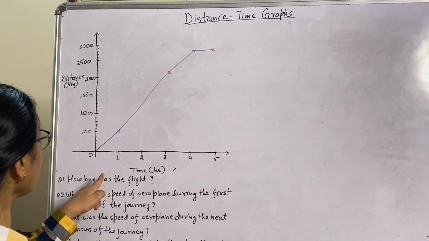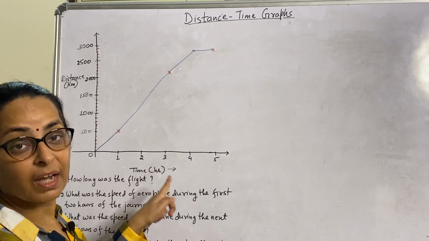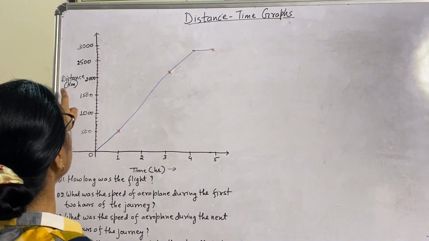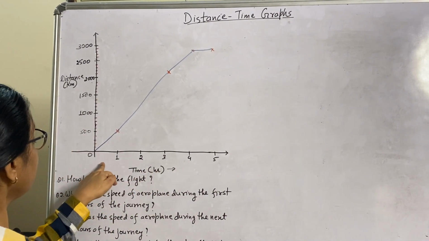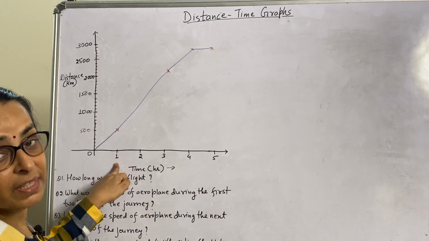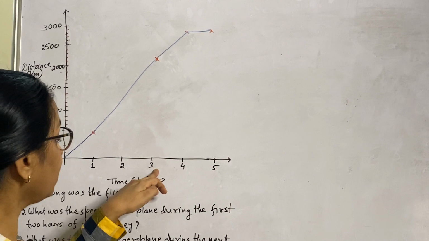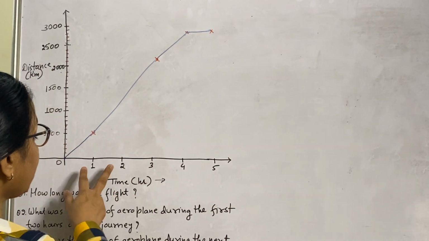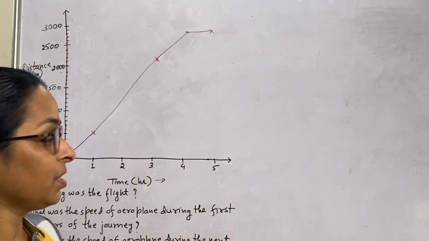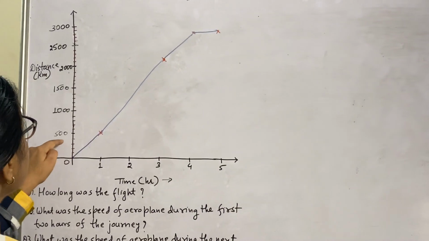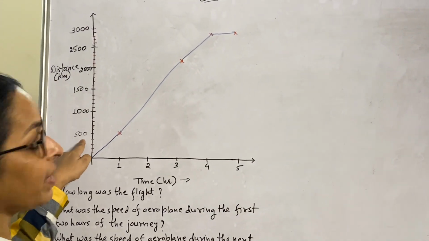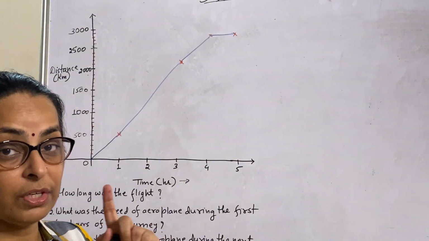So here time is plotted in hours, distance is plotted in kilometers. Now here 1 centimeter is taken as 1 hour, 2 hours, 3 hours, 4 hours, 5 hours. So the gap is 1 hour each. And here 1 centimeter is equal to 500 kilometers on your graph paper.